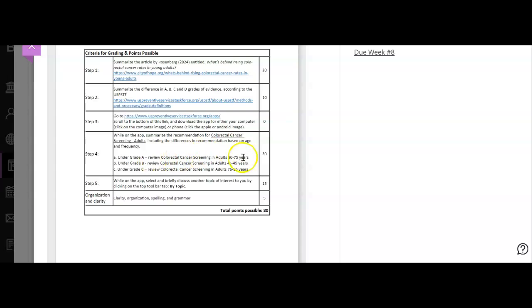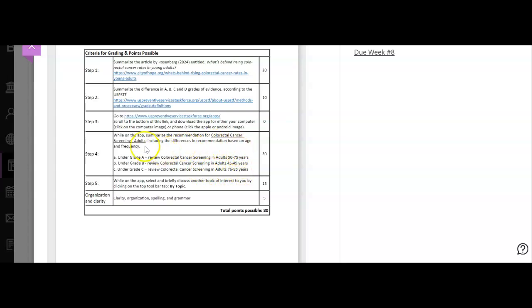So under grade A, you're going to review colorectal screening in adults 50 to 75. Then you're going to see that there is also screening in adults now 45 to 49. And that's a different grade level. And then C, you're going to review the screening in adults 76 to 85.